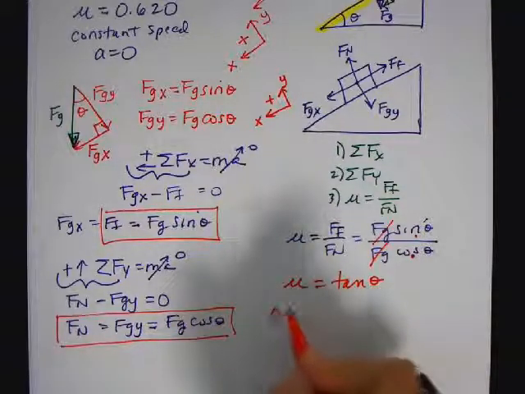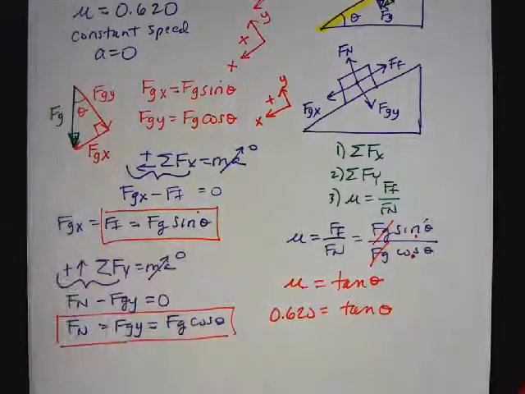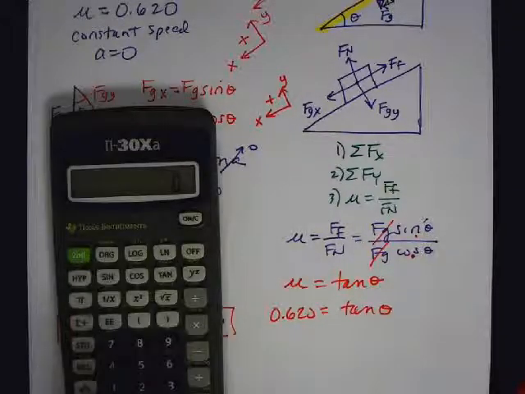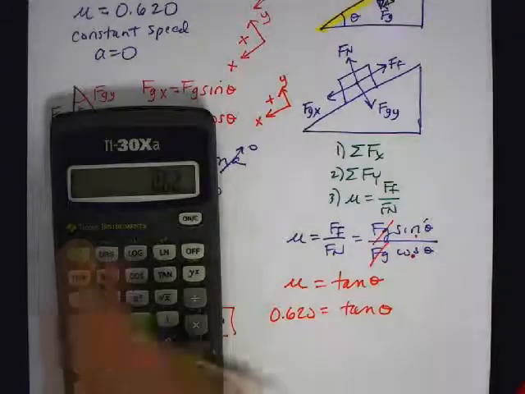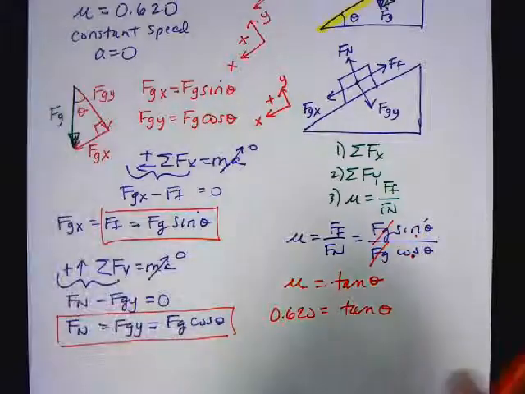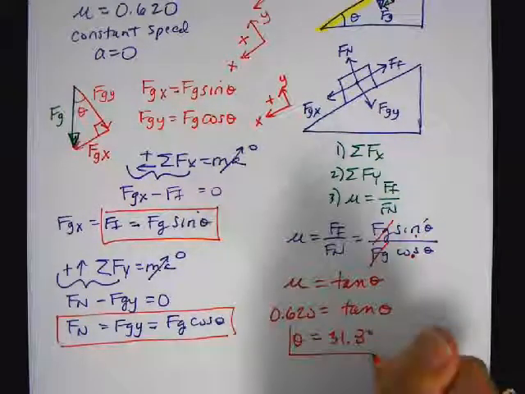Mu, which is 0.620, is equal to tan of theta. So now on my calculator, I press 0.62, second tan, and it comes out to be 31.79. So theta is equal to 31.8 degrees.